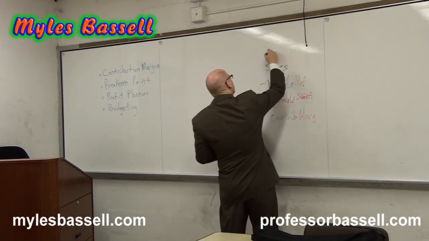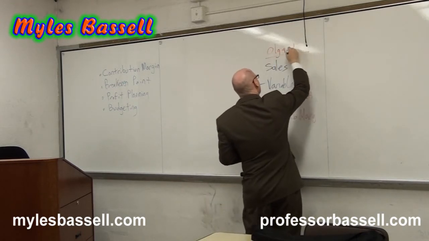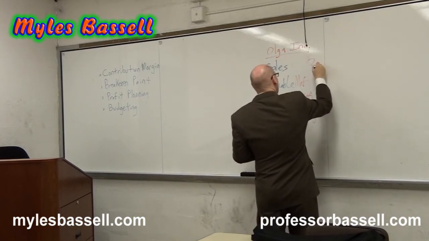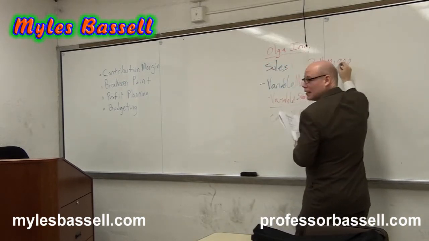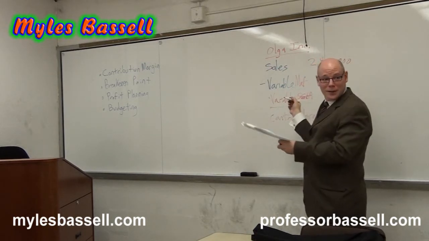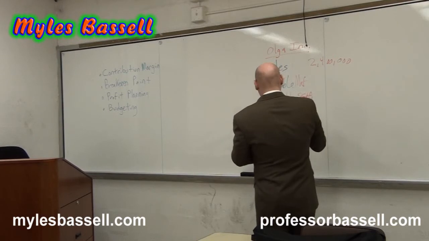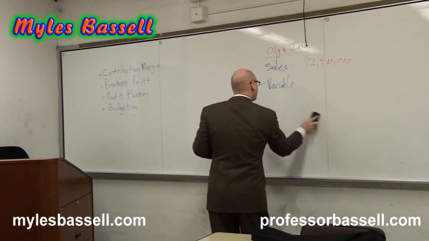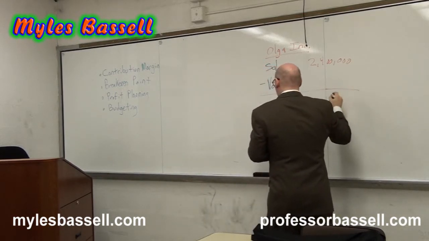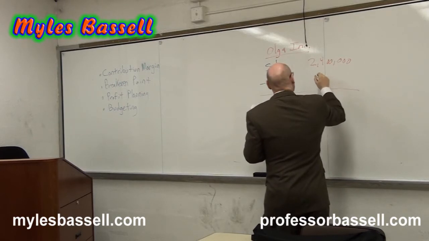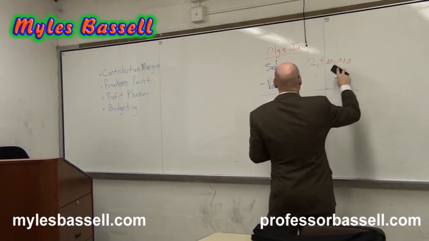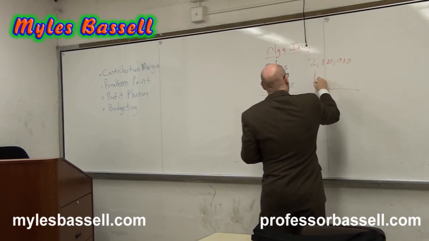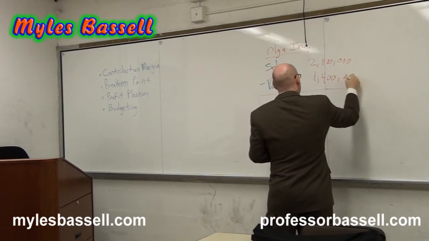All right. $2,400,000 in sales. Not too bad. Variable expenses are, actually, let's see, 2 million in sales, 1,400,000 in variable expenses.